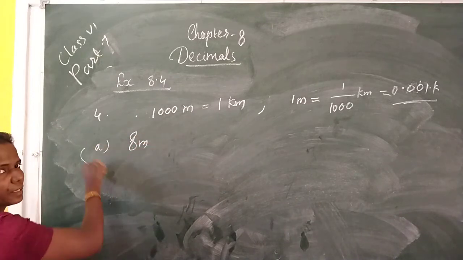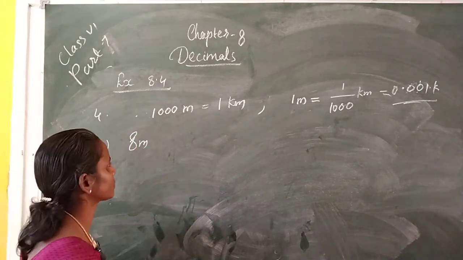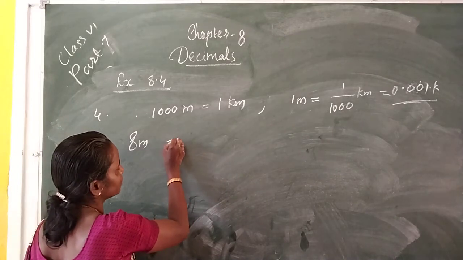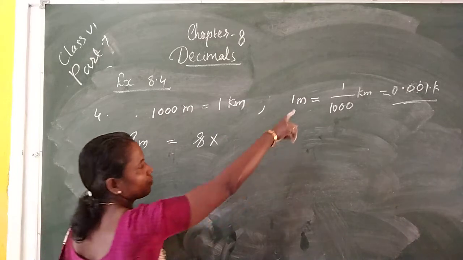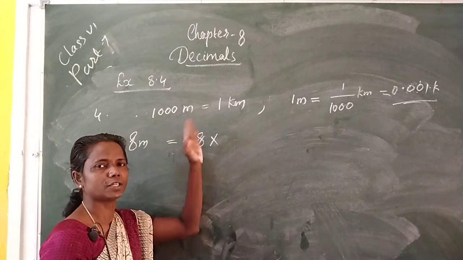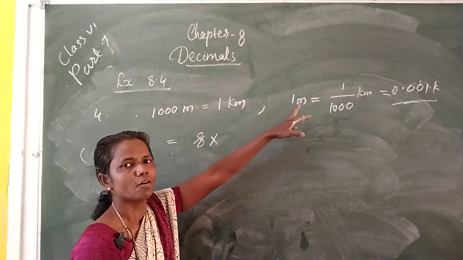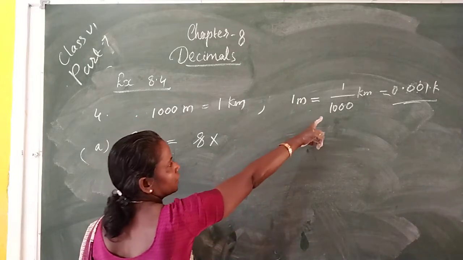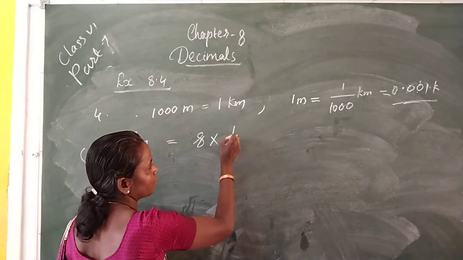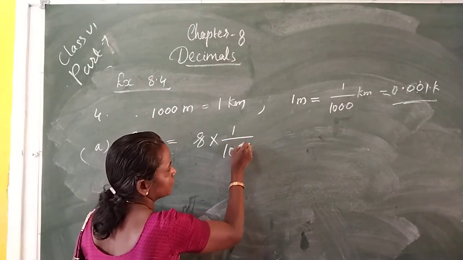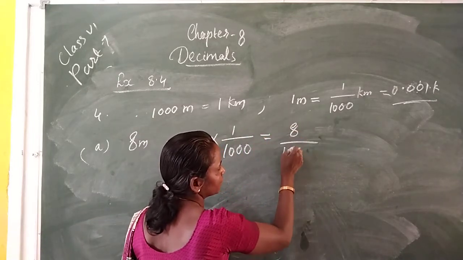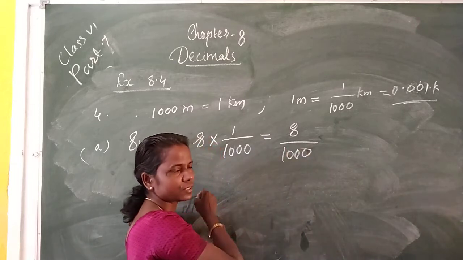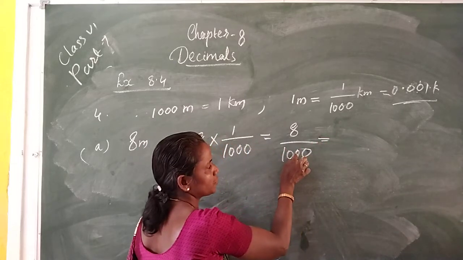Here question number A, 8 meter convert into kilometer. So 8 meter is equal to, look, this 8 multiply by which number? Here meter convert into kilometer. So multiply by 1 by 1000. Then 8 by 1000 is equal to how many? 1, 2, 3 digits.